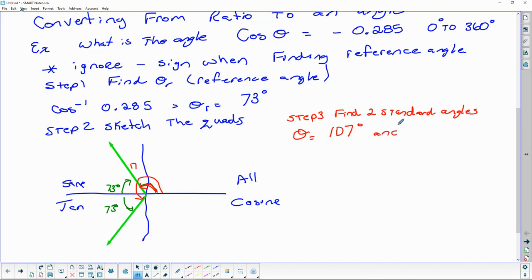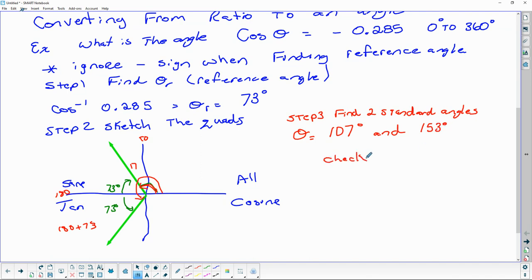And the second one, okay, this is 90 here. This is 180 here. So it's just 180 plus 73. So that's 253. Okay, so now you're going to check.